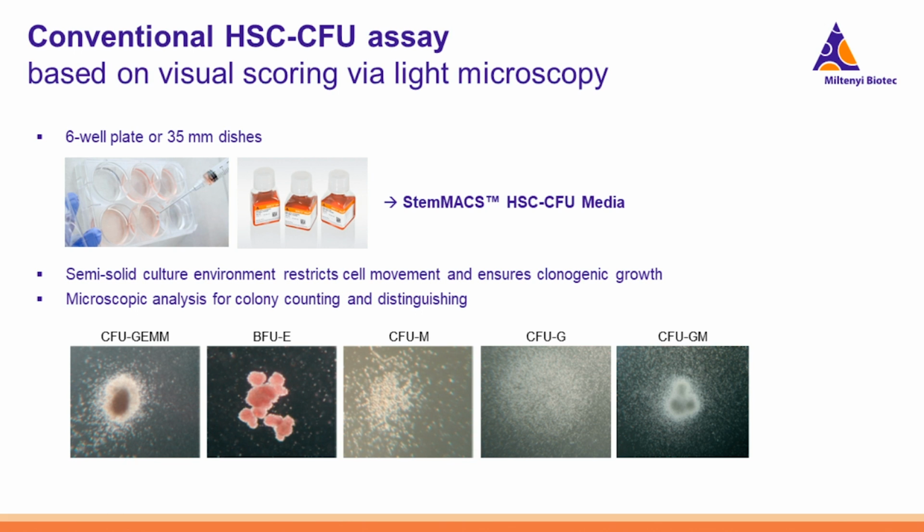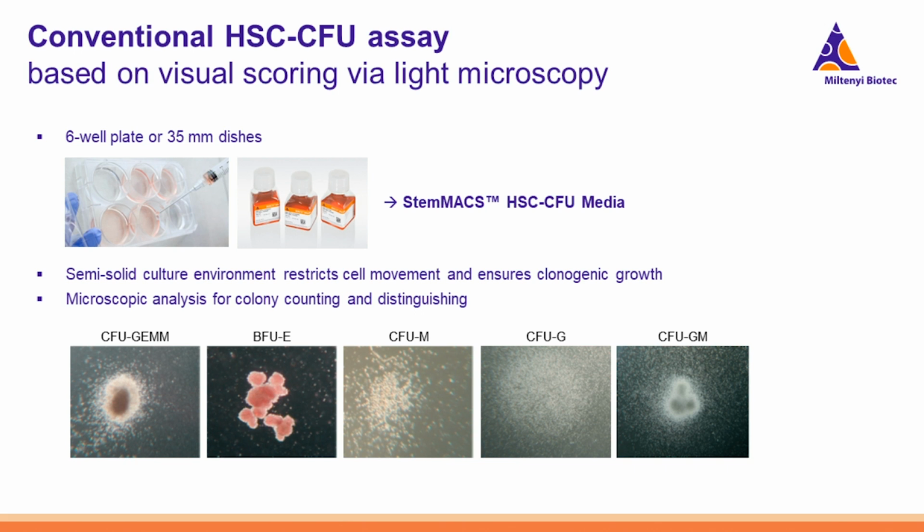A BFU-E is typically found as 3 to 8 densely packed clusters. The color of hemoglobin-containing cells ranges from dark red-orange to brownish. A CFU-M is a sparsely growing and flat colony consisting of less than 20 translucent large cells.